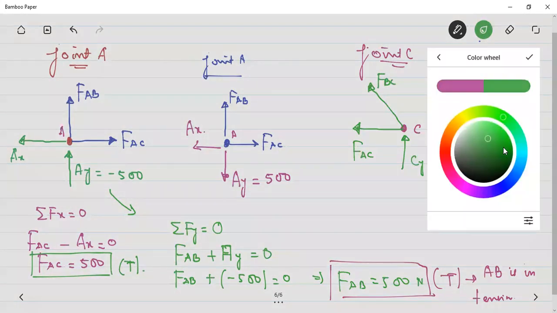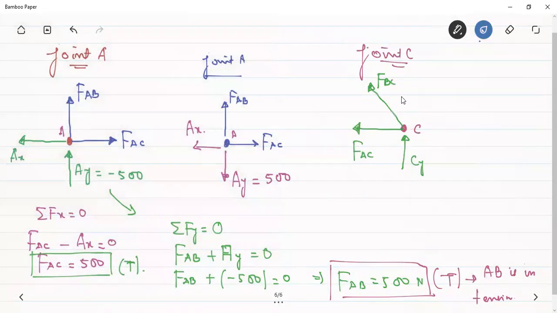This FBC can be resolved into two components. Since this angle is 45, this will be FBC by root 2, and this component will also be FBC by root 2. So we can use the equilibrium equation. Suppose we are using the equilibrium equation in the y direction. Force in the y direction should be equal to 0. CY is upwards and FBC by root 2 is also upwards.